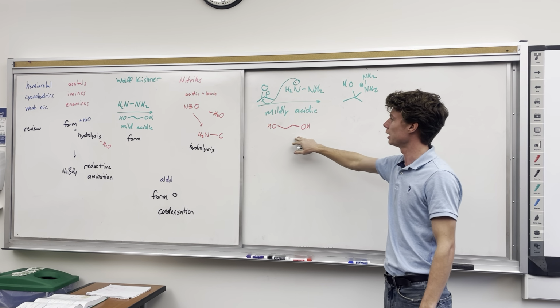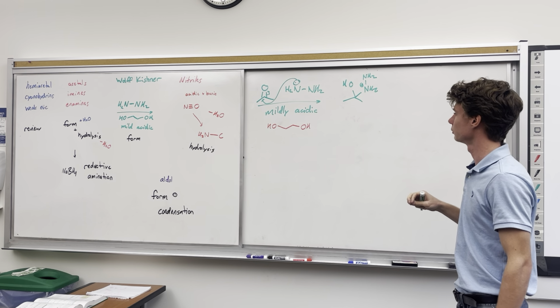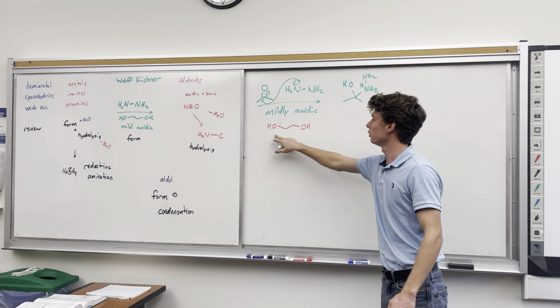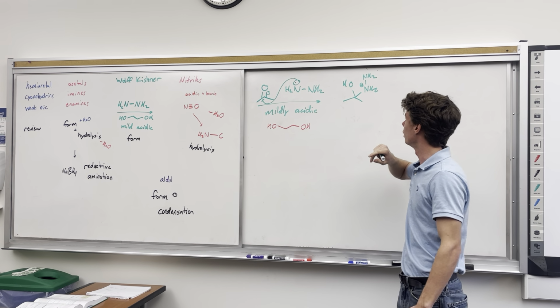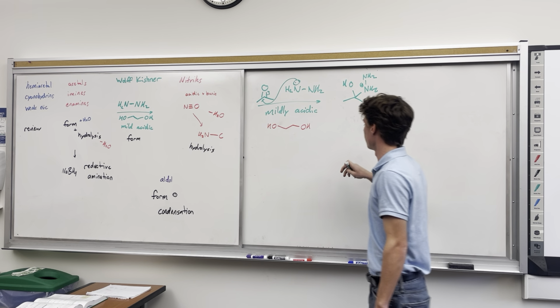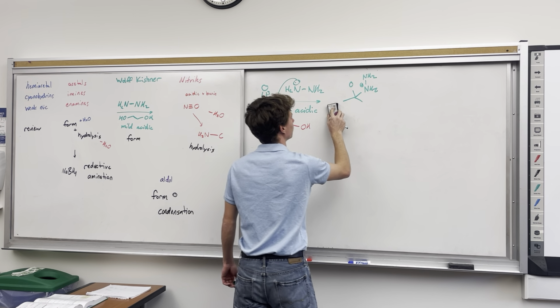The fact that she didn't have this listed, yeah, it's not too important. I would actually just use this. We're mildly acidic, so let's actually draw this out. So just skipping over it, it'd be easier for me as well.